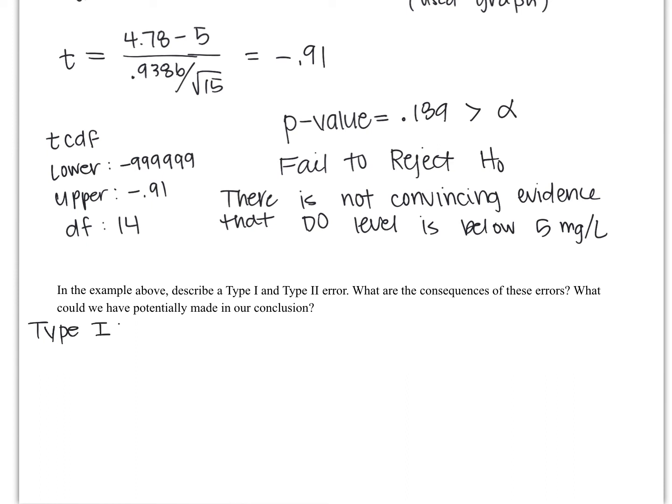A type 1 error is I reject the null hypothesis in favor of the alternative. So I'm saying that the dissolved oxygen level is below 5 milligrams per liter. So we would be determining that aquatic life is at risk when it isn't.